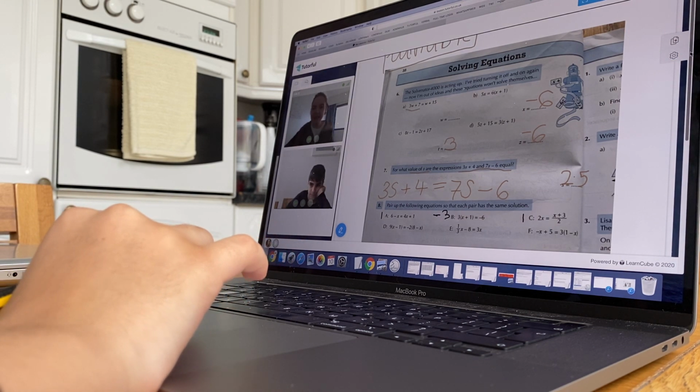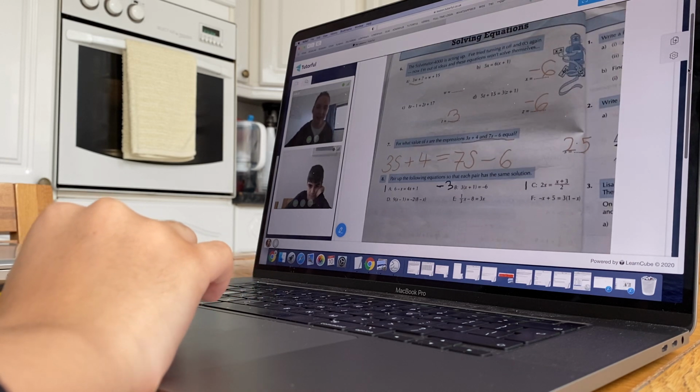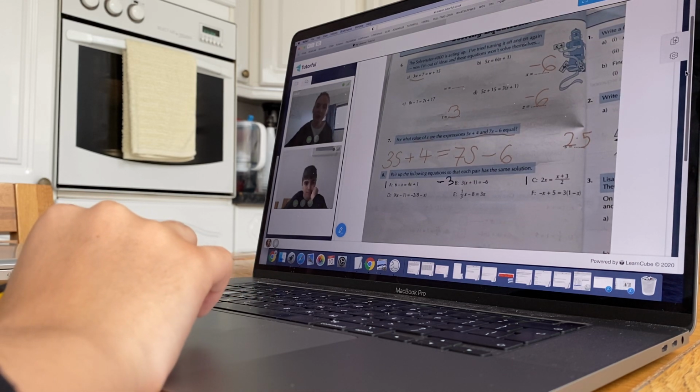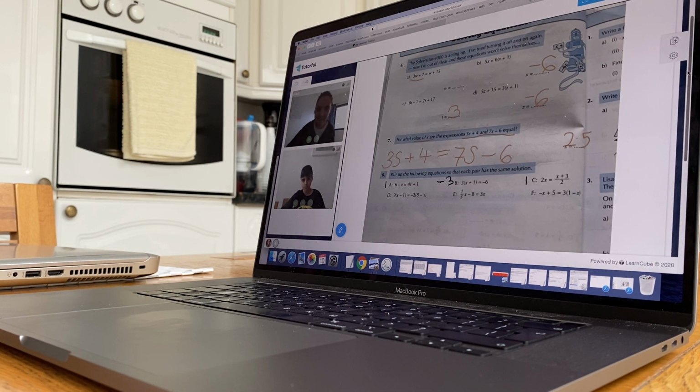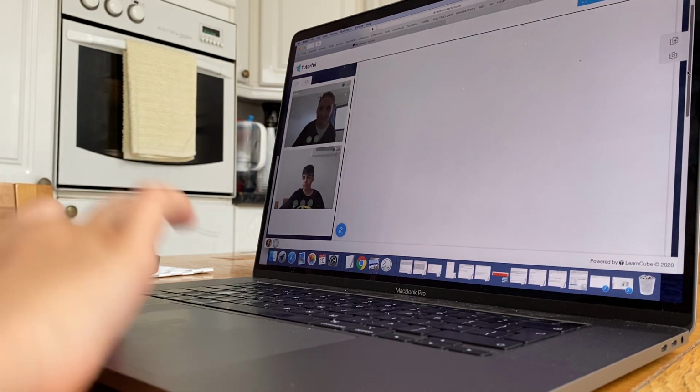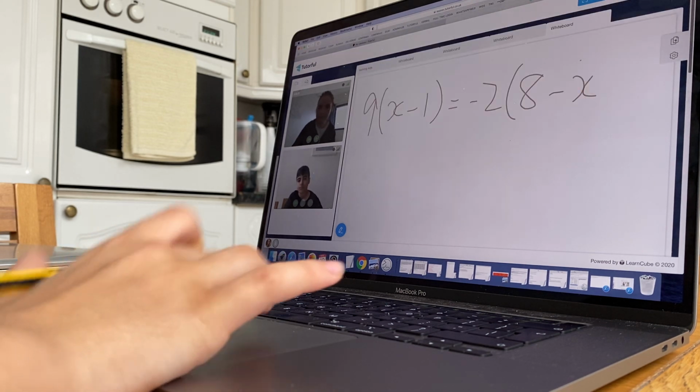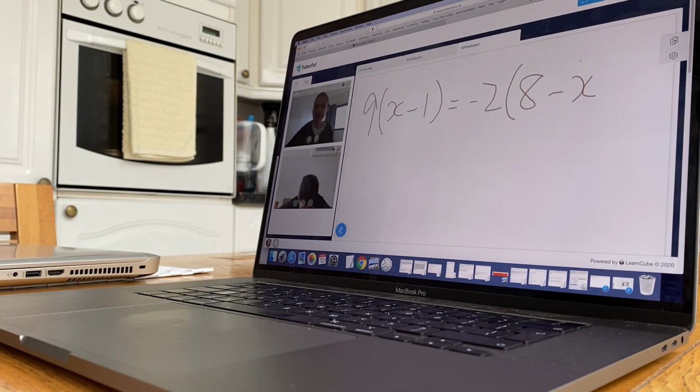So we have D equal to 9 times x minus 1 equal to minus 2, 8 minus x. Okay, perfect. So now let's have a go at this one here.